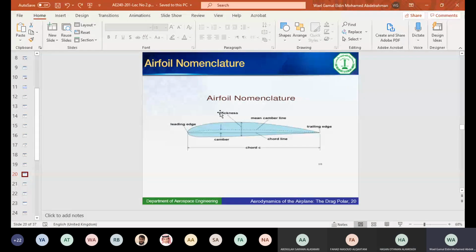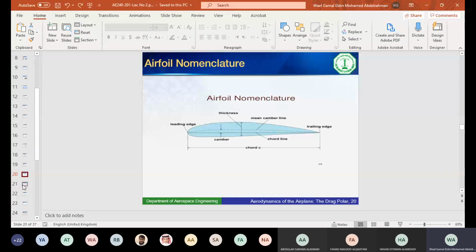Based on the thickness or camber or the location of the camber, we can change the shape of the airfoil. And of course, we will change the lift and drag. So I can make it even more curved or maybe a symmetric airfoil. So we have families with differences in these numbers.